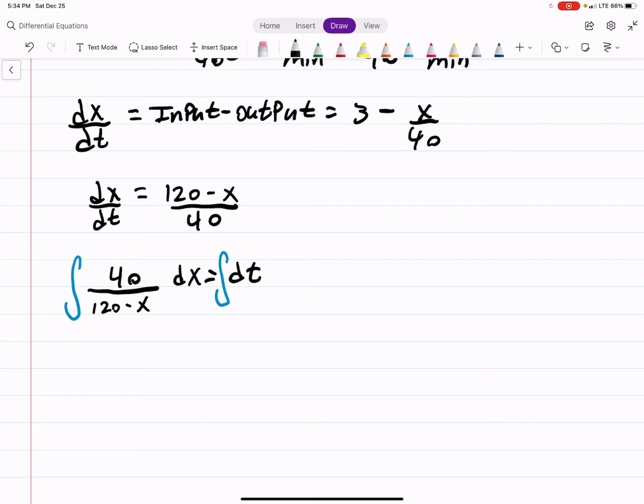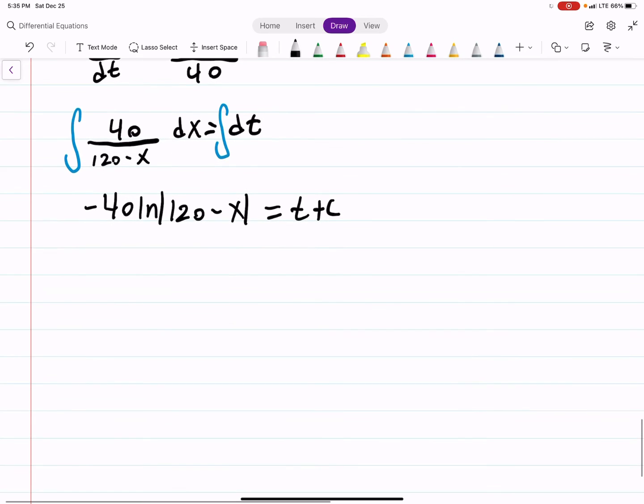Okay. So this will be minus, because of the negative on the x, 40 times the natural log of the absolute value of 120 minus x, equals t plus some constant c. All right, so we can divide over and say that the natural log of 120 minus x equals minus t over 40 plus, again, that constant divided by negative 40.